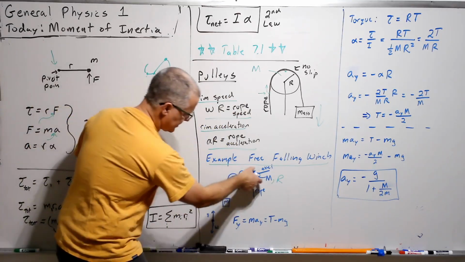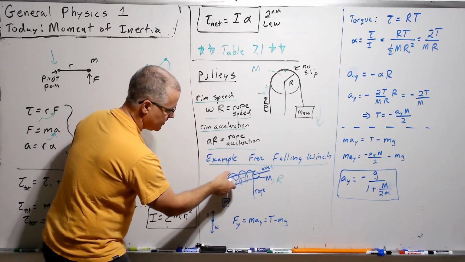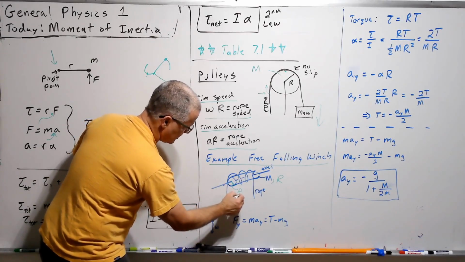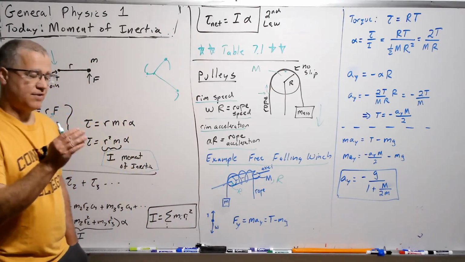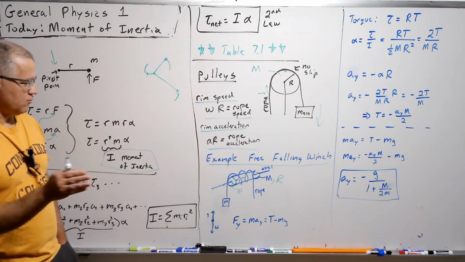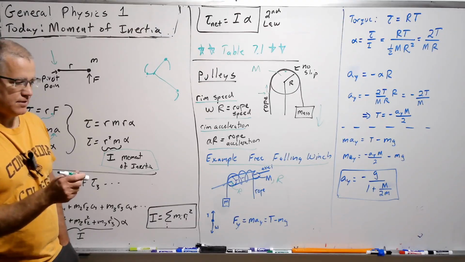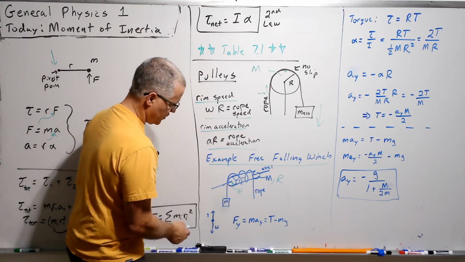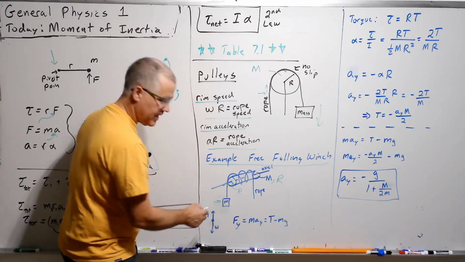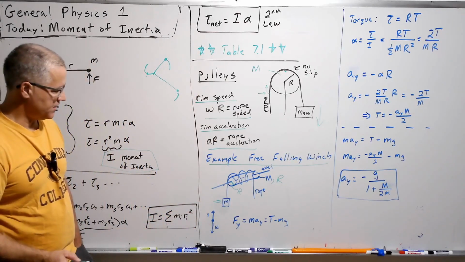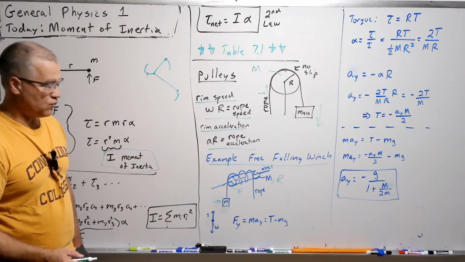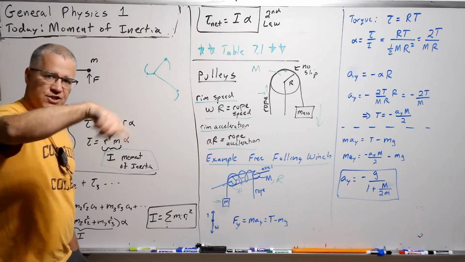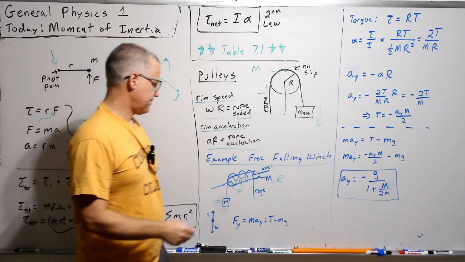So maybe this is a big brass piece or a stainless steel piece, and this distance here, that's the radius, perpendicular to the axis out to the surface of the winch. Then we'll use lowercase m for the mass tied to this rope, and we're just going to drop the mass. That will start to fall, and it'll spin that winch.